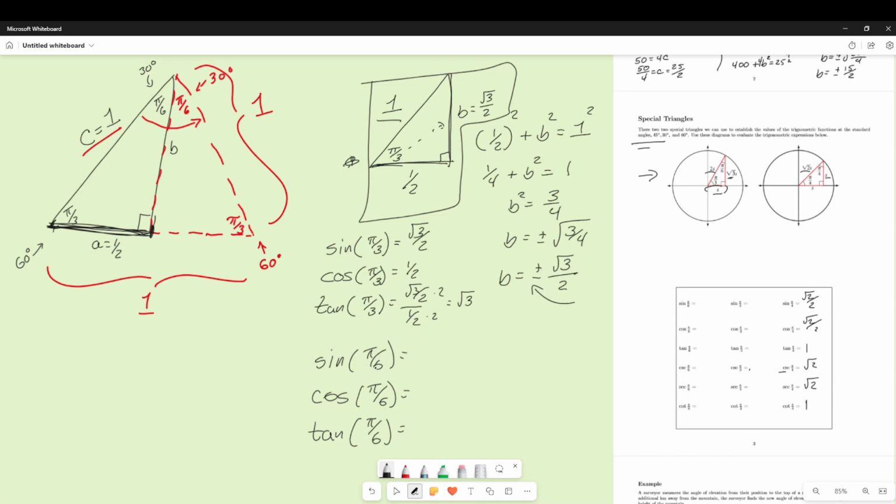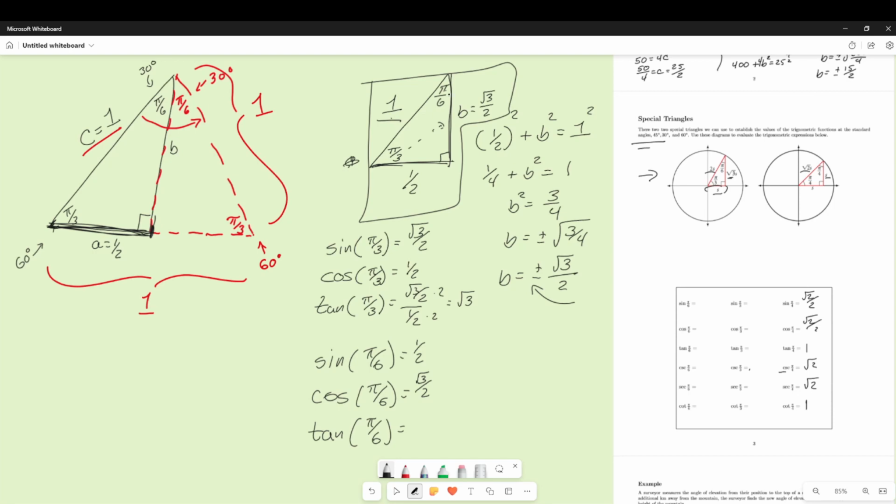But just for completeness, sine of pi over 6, the pi over 6 is up here. So pi over 6, its opposite is the 1/2, its hypotenuse is the 1, so 1/2. Cosine, the adjacent, is now the square root of 3 over 2 over 1.